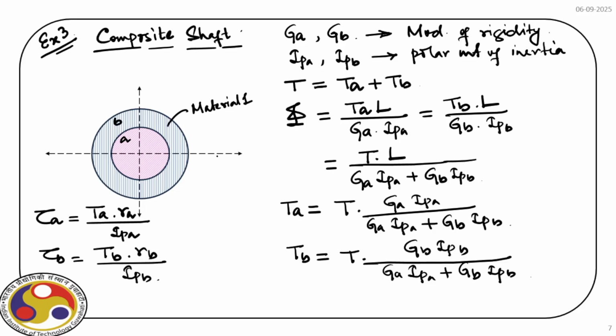So we have the complete expression for the composite shaft. We have the expressions for TA, TB and tau A, tau B. And we also have an expression for phi for the composite shaft that comes from the compatibility condition.